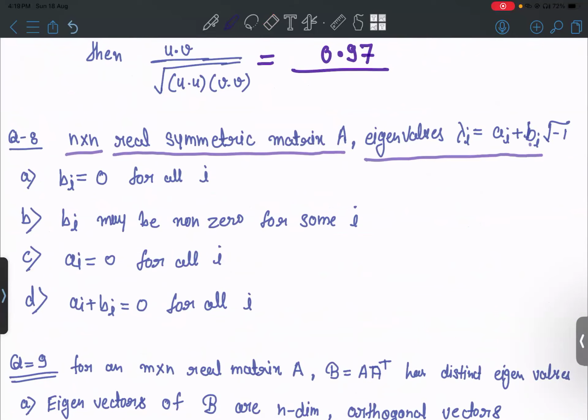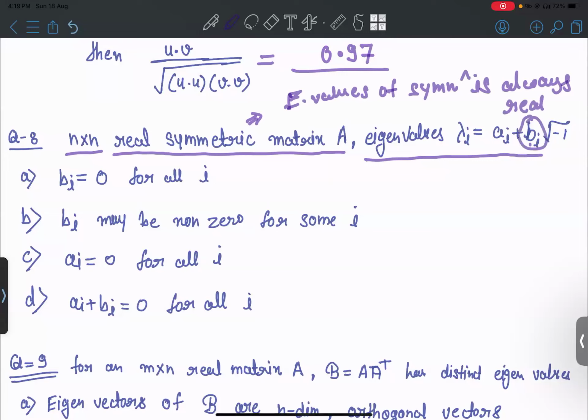From linear algebra theory we know the eigenvalues of a symmetric matrix are always real. Means this b will always be 0. So this will be a wrong answer. This will be my correct answer.